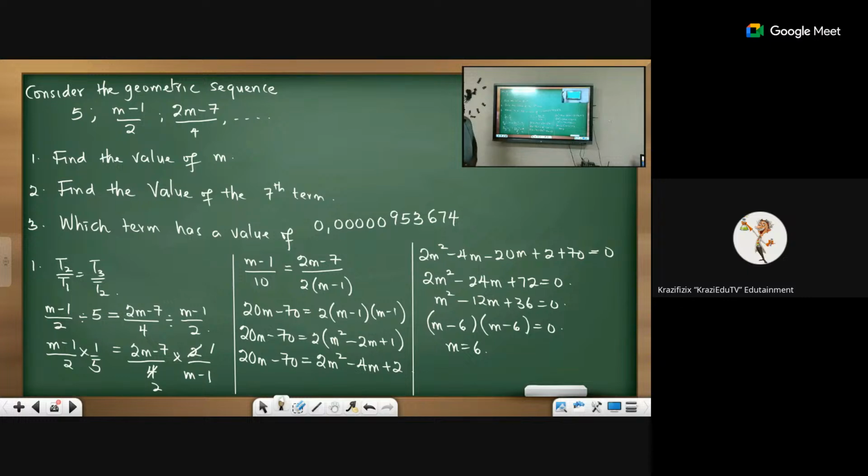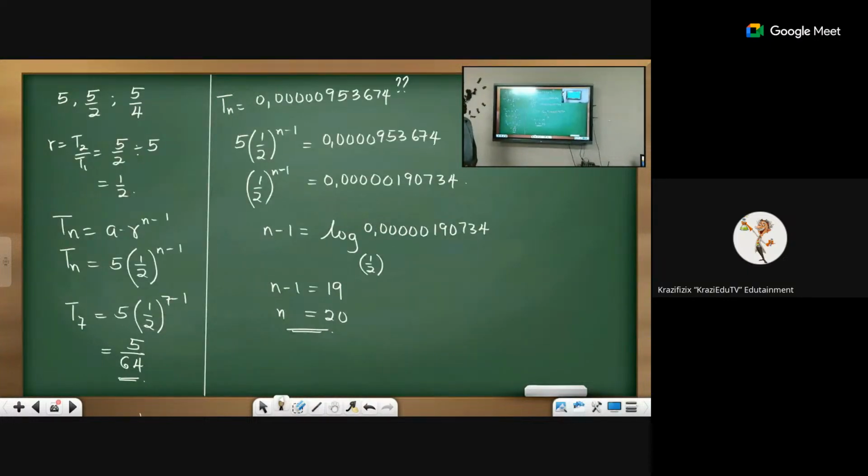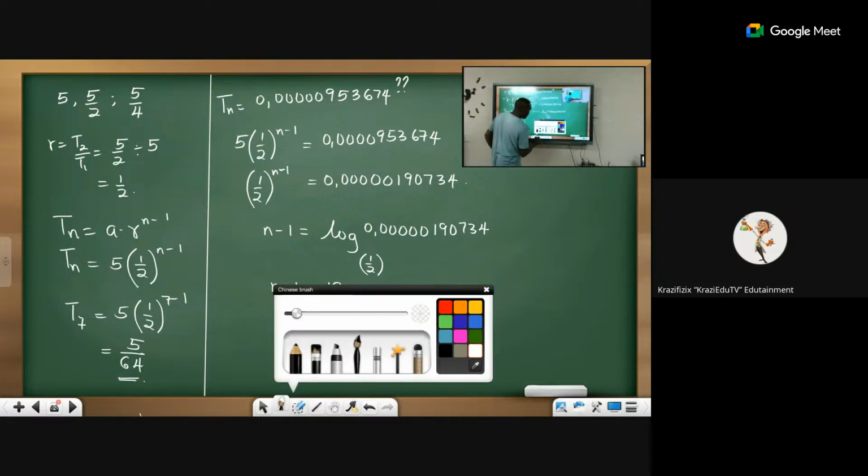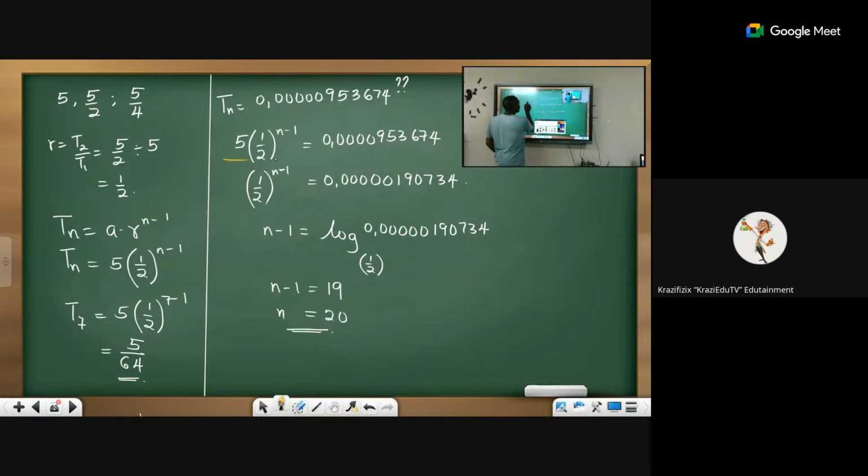That's the question. So what do we do? Divide both sides by 5. That will lead you to 190734. And now you can bring in your logs. You're okay now, right?